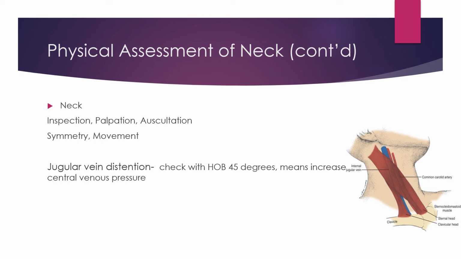If jugular vein distension is present, that indicates that there's an increased central venous pressure. You're also assessing the neck muscles for flexibility, strength, and any discomfort. A patient should be able to move their head up and down and side to side without any limitation or pain. They should have full range of motion noted during that assessment.